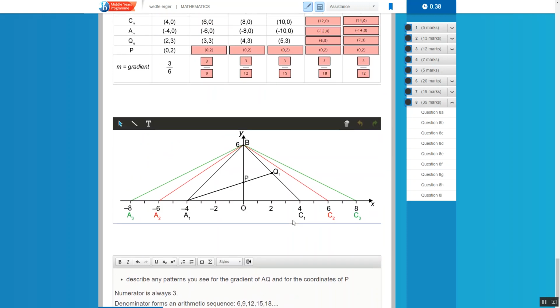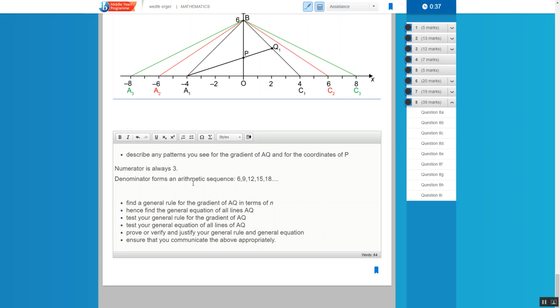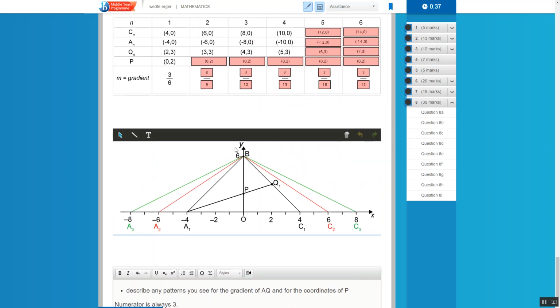And for the coordinates of P, the coordinates of P are all the same, the same for each value of n.